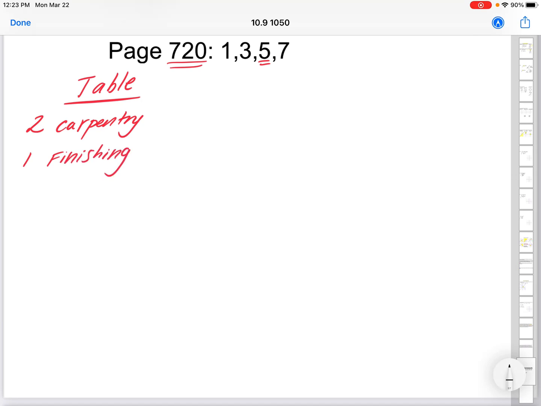These are hours, just remember that. And then it says a chair requires 3 hours of carpentry and 1/2 hour of finishing.